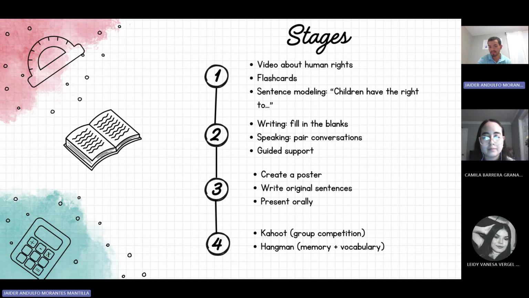In the next one, the students practice in a controlled way. They gain confidence by using the structure with support before working independently. The idea is to get fluency and accuracy. In the production stage, the students demonstrate meaningful learning.